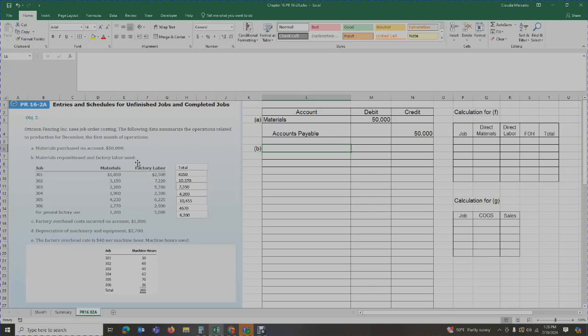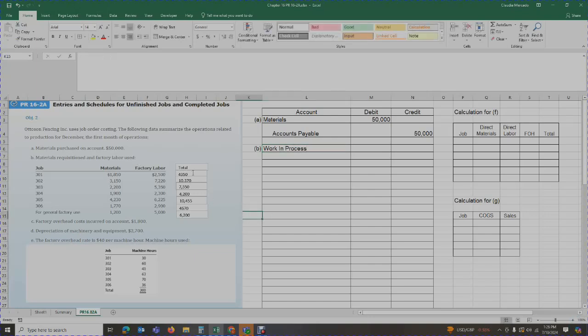We have to do the entry to move the materials from the materials account to work in process, because now we're going to begin working in the manufacturing phase. To figure that out, we have to figure out what my work in process total is. How much am I putting in my work in process?